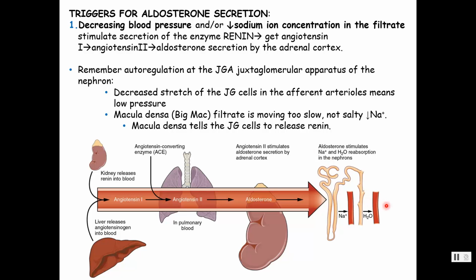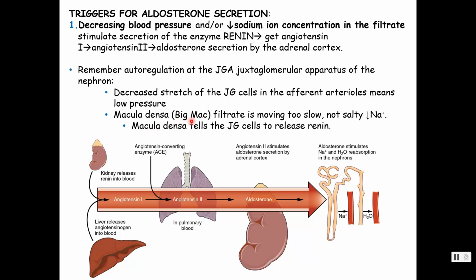And remember our autoregulation that is happening at that magical place called the JGA, the juxtaglomerular apparatus in the nephron. We know when there's low blood volume and low blood pressure, those JG cells don't get stretched. So they're going to open up nice and big to allow more blood in the glomerulus.